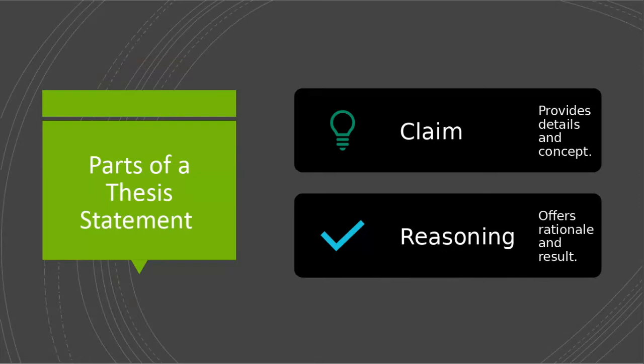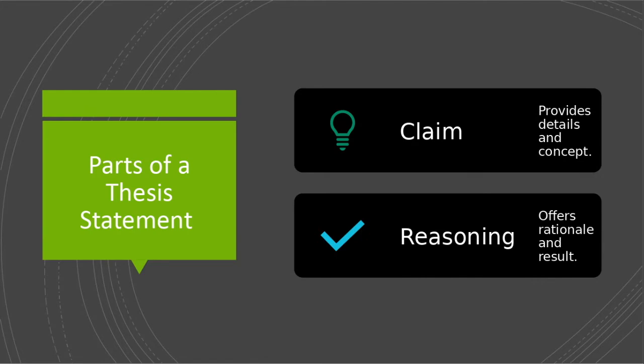So we've talked about what a thesis statement is and given you some ideas about what a thesis statement should or should not do. Now we're going to zoom in farther and look at the parts of a thesis statement and how you actually put one together. The two parts we'll talk about are the claim, which can include a detail or observation from the text you're looking at or from your research that is the foundation that inspired your thesis statement.